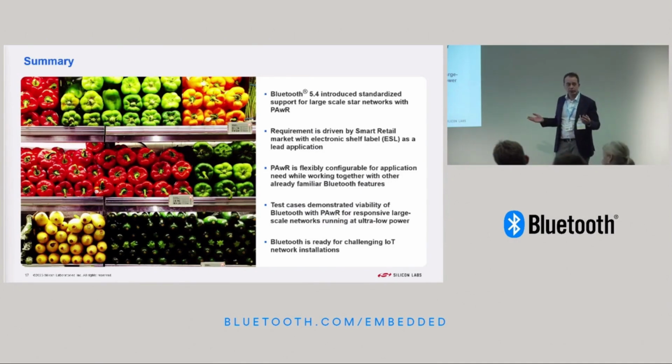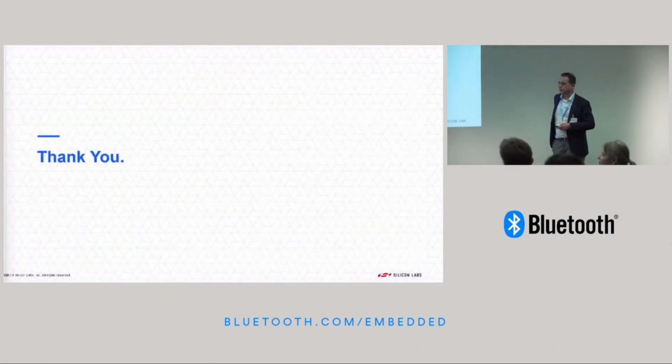It's low power, so it's good to go. It's all brand new technology, but it's mature for mass deployment. So that's it. It's ready for IoT installations, and that concludes my part.